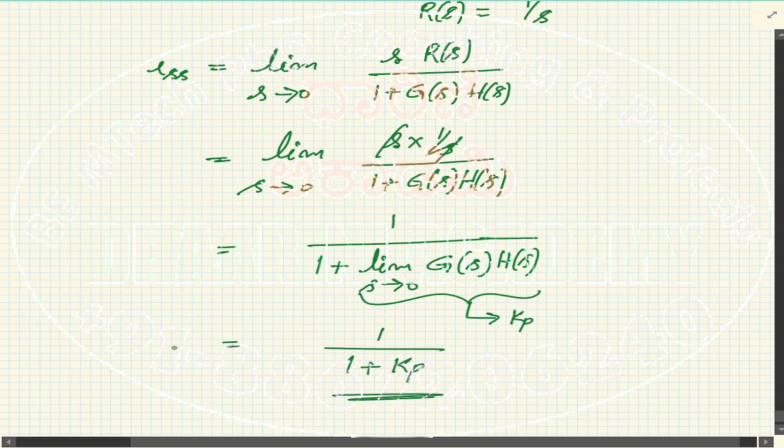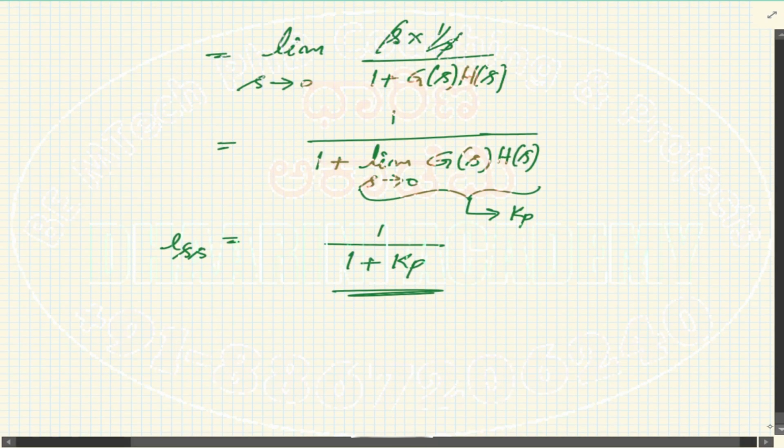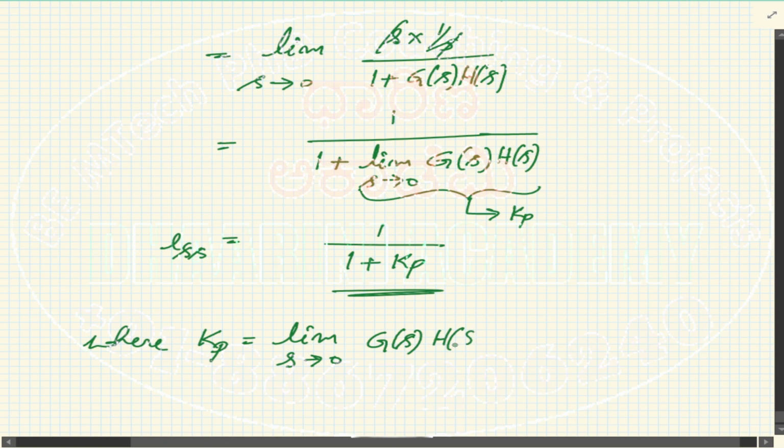This is the steady state error of any system when the input is u of t, where kp is simply limit s tending to 0 of g of s into h of s. Anyway, g into h will be known as soon as the system is given to us.